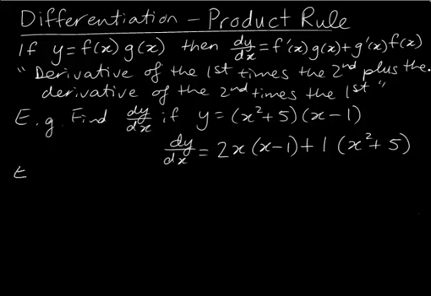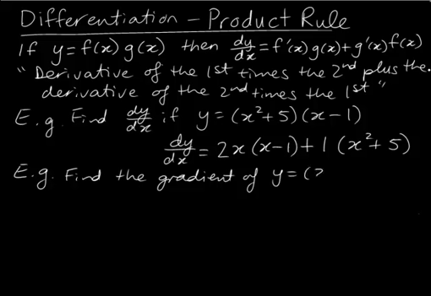Now, the product rule can be used for various functions as well. So I want to just show you this particular one. Let's say I have to find the gradient of y equals 2x minus 9 all squared at the point 0 and 81.